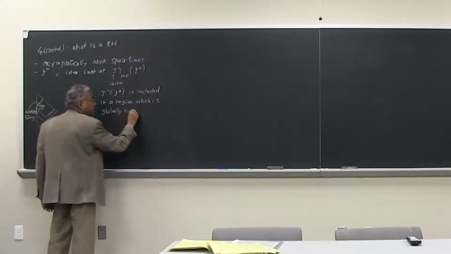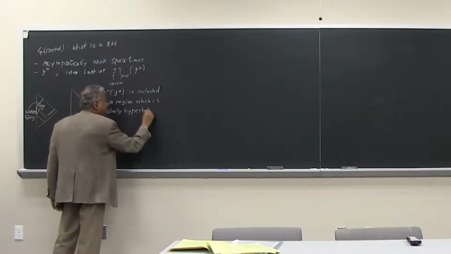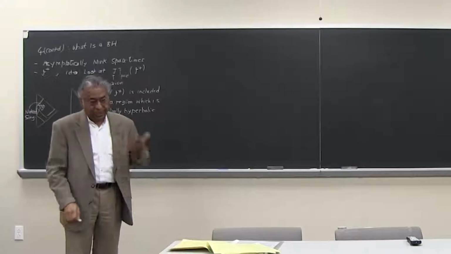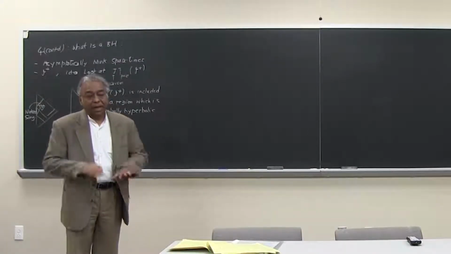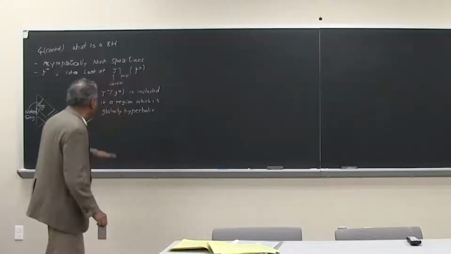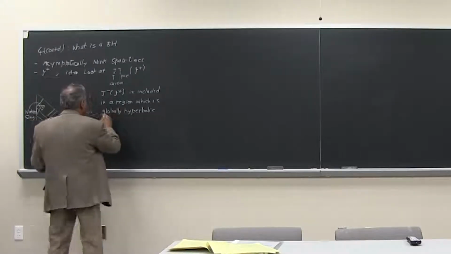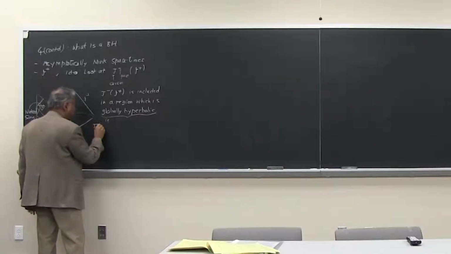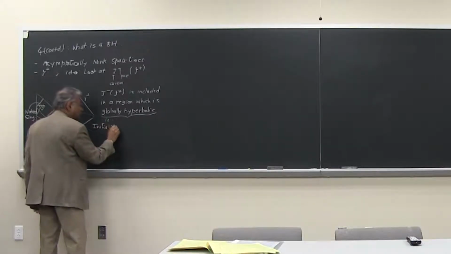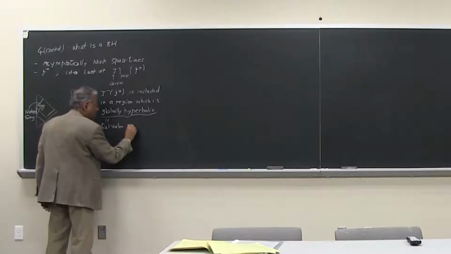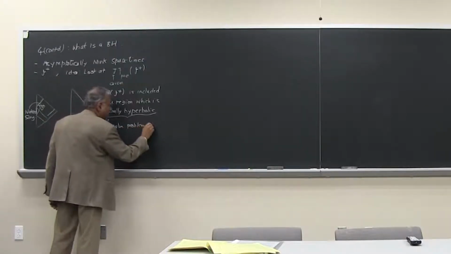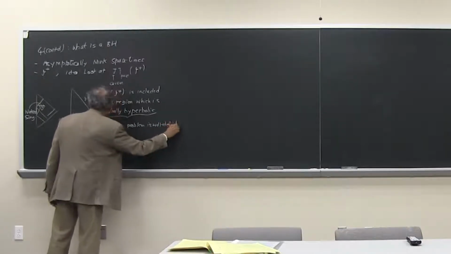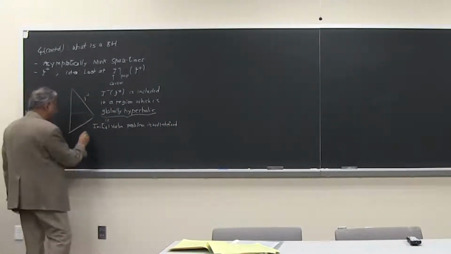We might need to define precisely what globally hyperbolic means. I don't know if the notes do that or not. It takes a little time to give all the definition, but the crux of the idea is that a region is globally hyperbolic, that is to say, the initial value problem is well defined in this region.